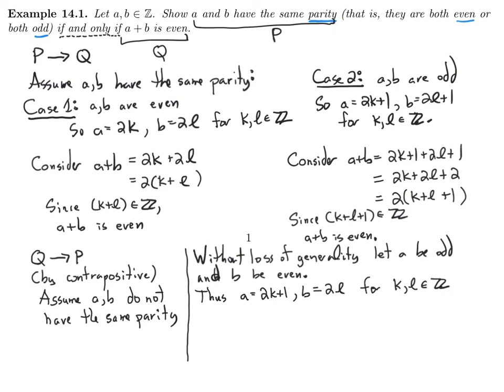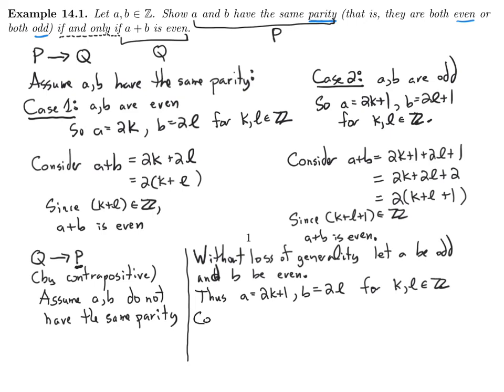Excellent stuff. So there is our P false. Remember, we're doing the contrapositive. So P false, we need to show that Q is false. Okay? So we want to show that A plus B is not even, that it's odd. So let's go ahead.